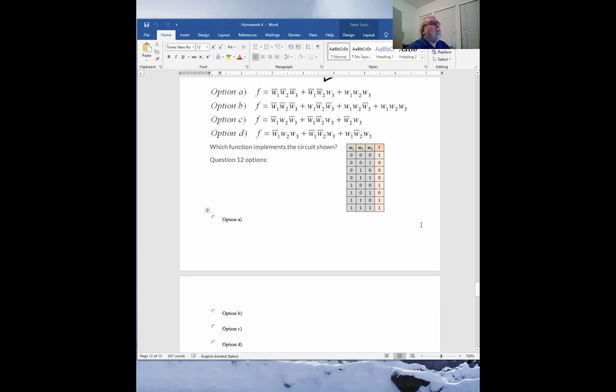And in this case we have this minterm, W1 not, W2 not, W3 not, that is here and here, and this one is W1, W2 not, W3 not, which is here, and the last two, so sorry, W1, W2 not, okay, that's here, and then we have W1, W2, W3 not.